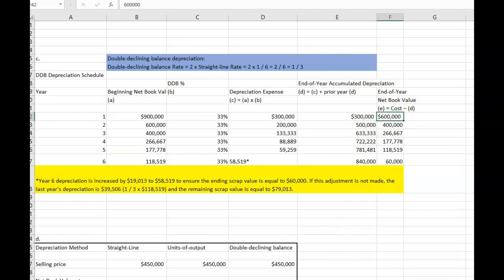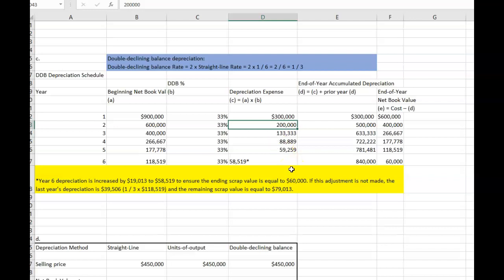We take that and multiply it by the same percentage, 0.33, and we get decreasing amounts of depreciation over the life of the equipment. You would never actually get to depreciate all the way, because if you keep taking 33% of something, it keeps getting smaller and smaller, but it'll never go to zero.